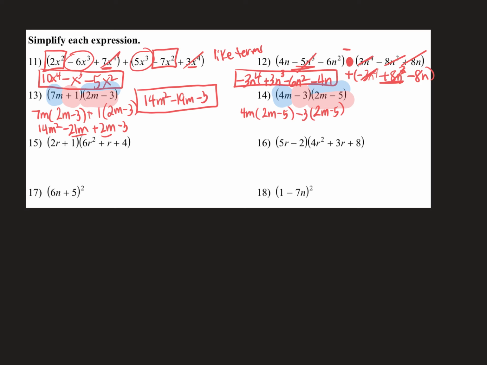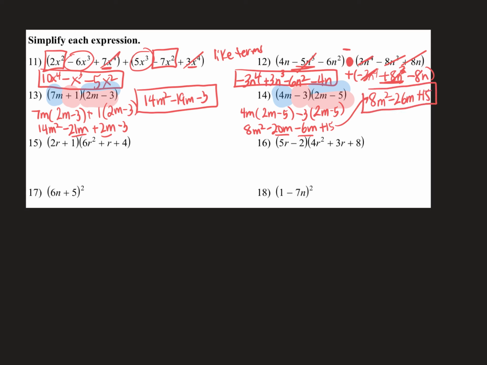Distribute. 4m times 2m is 8m squared. 4m times negative 5 is negative 20m. Negative 3 times 2m is negative 6m. Negative 3 times negative 5 is positive 15. Then we're going to add the two middle terms. Those are my like terms. 8m squared minus 26m plus 15 is my answer.